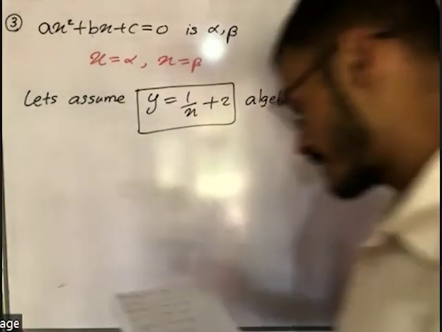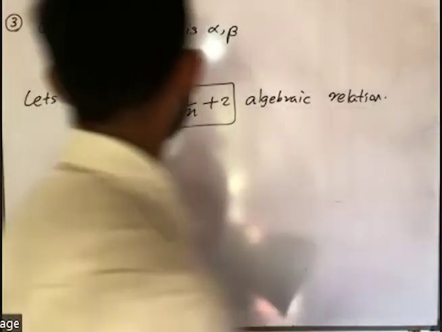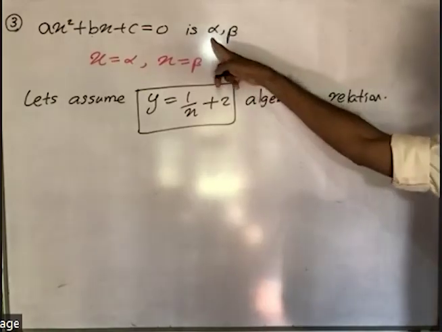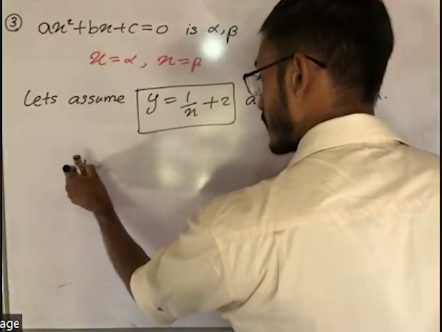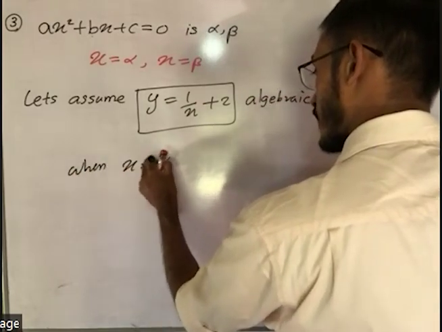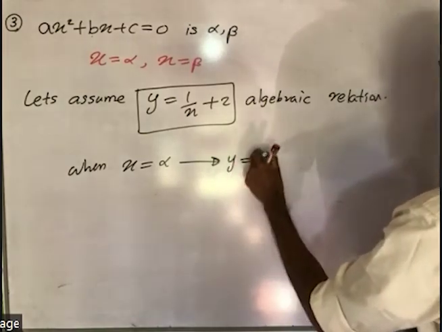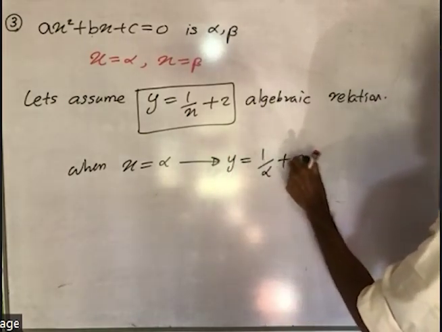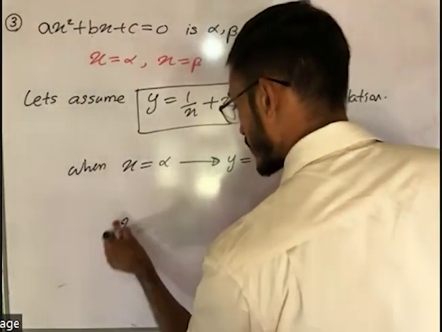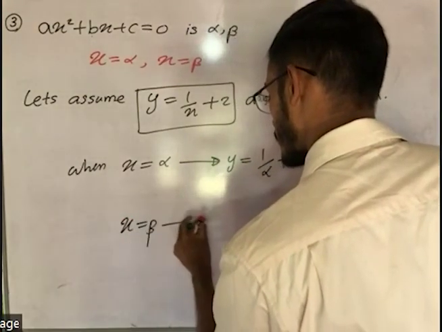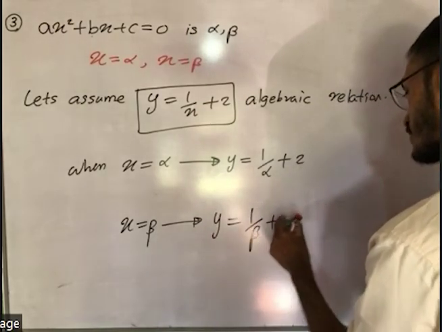Right. So if you assume this, x equal to alpha and beta are the two roots. When x equal to alpha, we can get the y value as y equal to 1 over alpha plus 2, and when x equal to beta, y equal to 1 over beta plus 2.